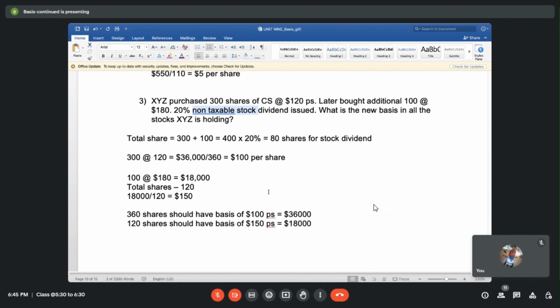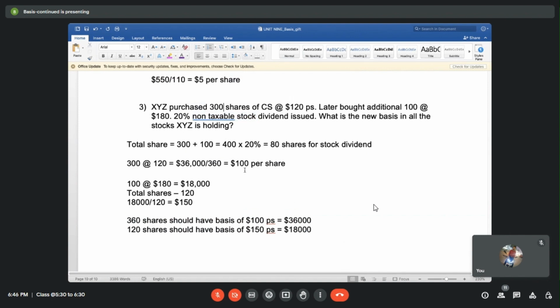The aggregate basis is still the same. So now the basis will become 100 per share. Earlier it was 120. That becomes very important, because the person will not necessarily sell everything in one shot, right? If they just want to sell 50 out of this lot, how do we come up with the right capital gain? We cannot take 120, because a 20% stock dividend was also issued on that.